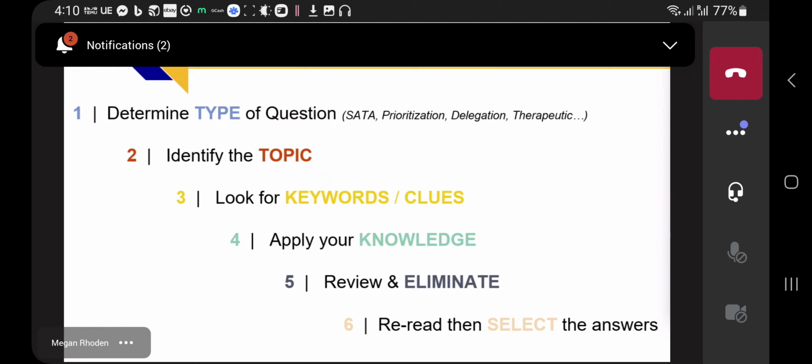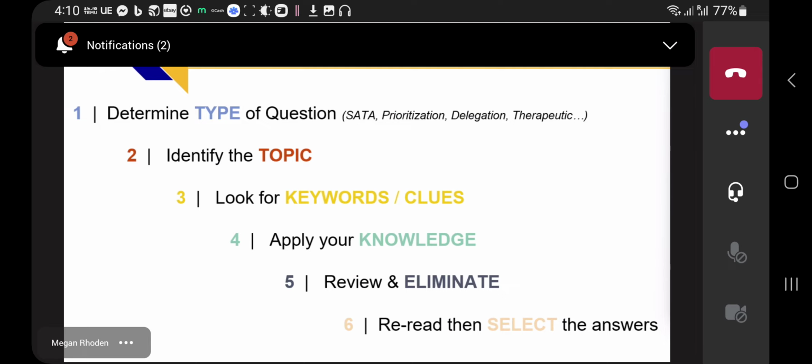Step number 2, identify the topic. This is so important that you are identifying the topic correctly. We identify the topic as it's based on the instruction of the question and not necessarily as it's related to the story of the question. Step 3, looking for those keywords or clues that are usually in the story that will help you with your topic. Step 4, apply your knowledge. What do you know about this topic?